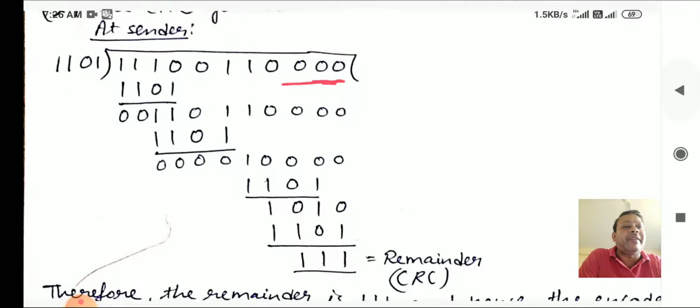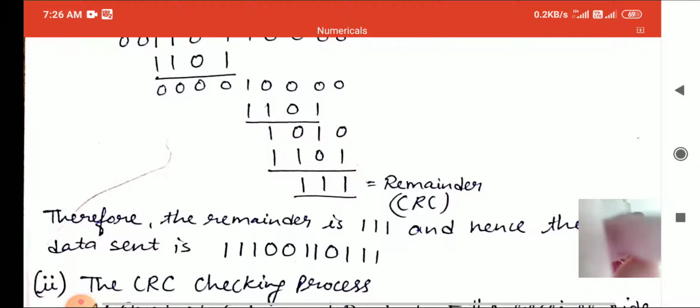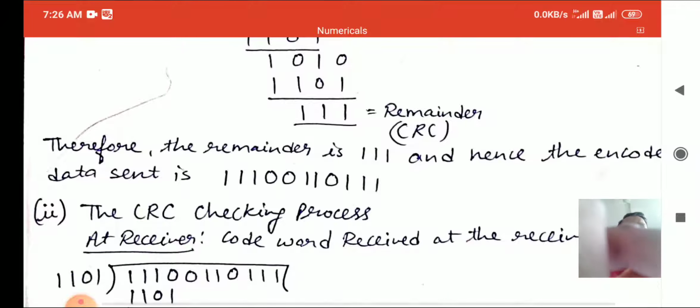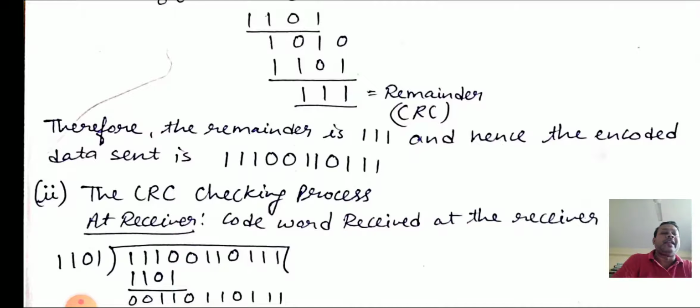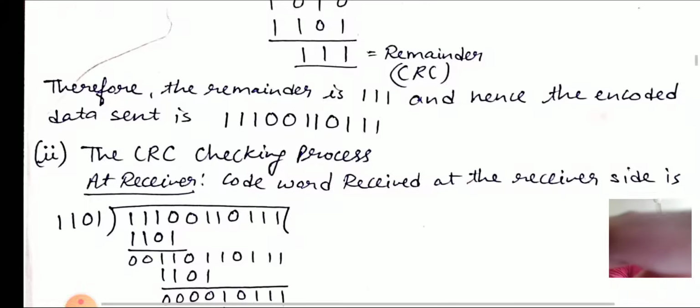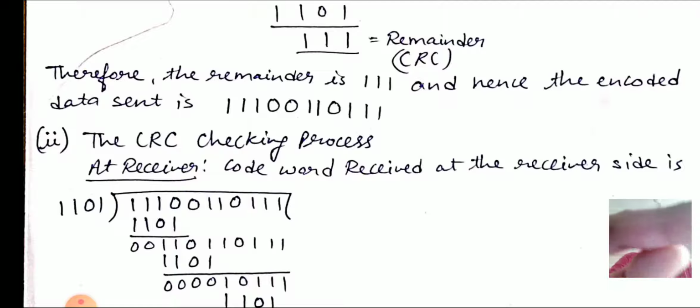So that 3-bit remainder is going to be added along with the data. Now we got 111 as the remainder, and this 111 is going to be added along with the data. What was our data?